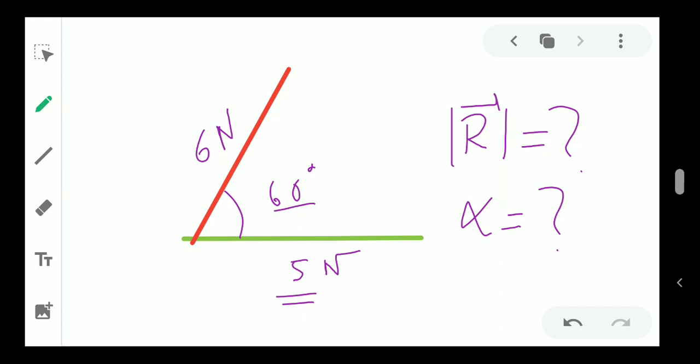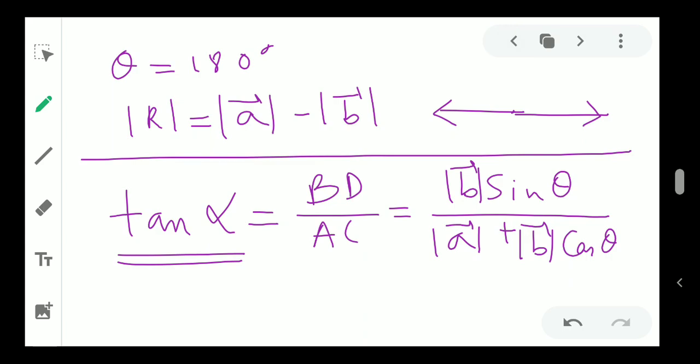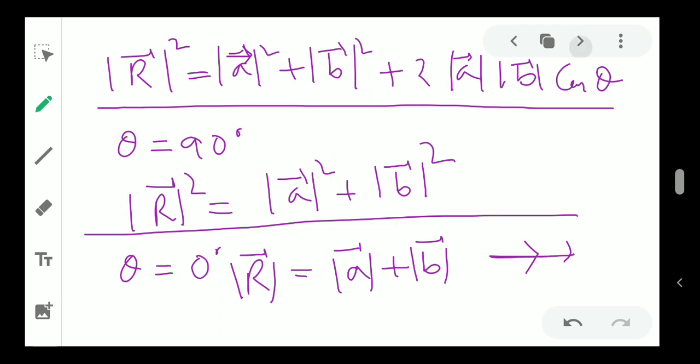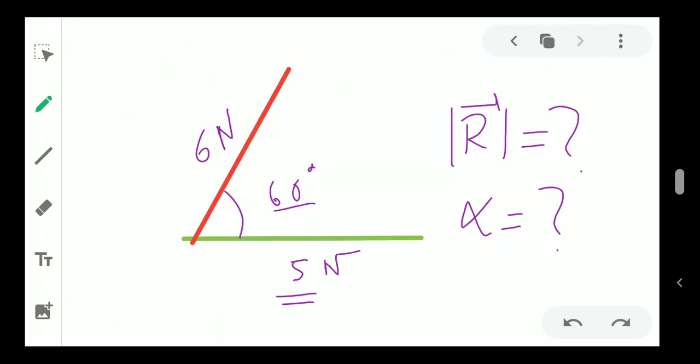The resultant vector will be somewhere here, so you have to find this angle and the value of R. Try these things and we will do further things after this. Practice this once, and this is a very easy thing, I think. So fine, see you in my next one.